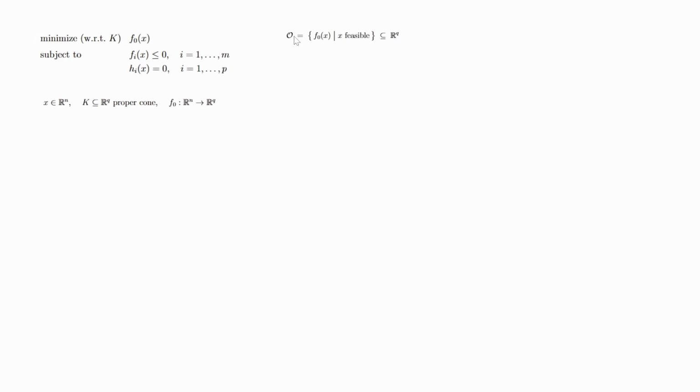Concretely, x star is optimal if and only if x star is feasible and the set O is a subset of f_0(x star) plus the set K. The interpretation is that this right side, f_0(x star) plus K, is the set of all values that are worse than or equal to f_0(x star). So the condition says every achievable value is worse than or equal to the optimal one. This is exactly what the minimum element means.